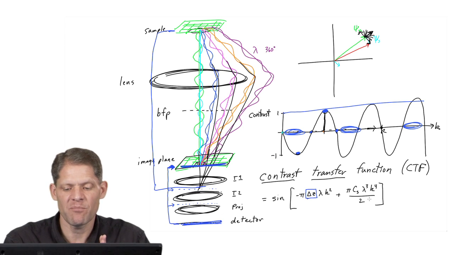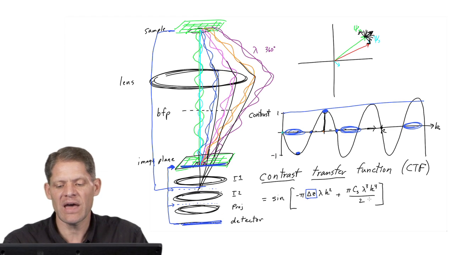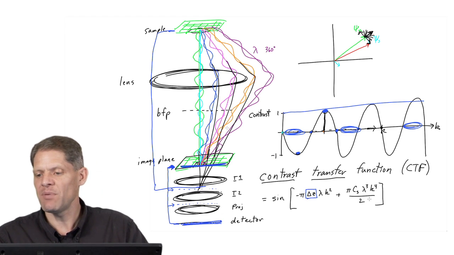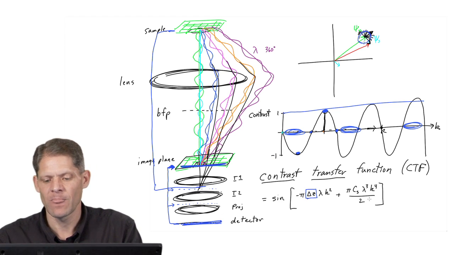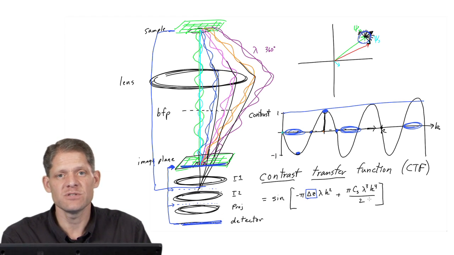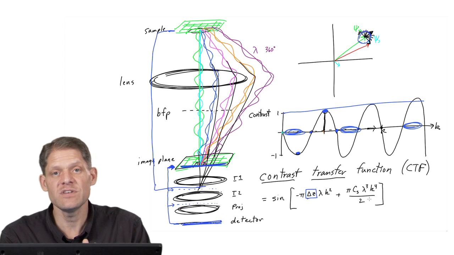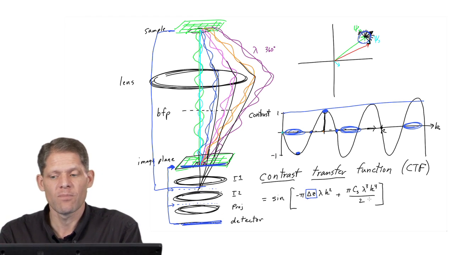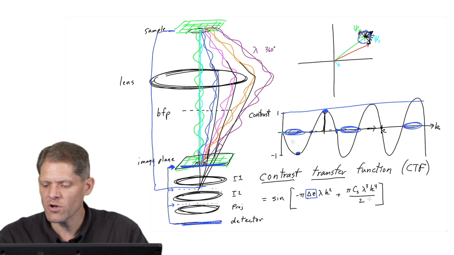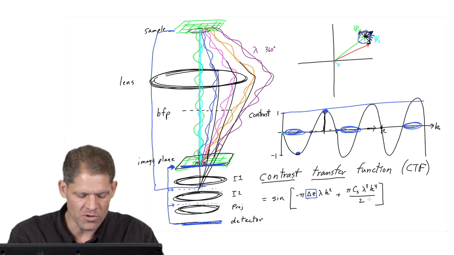The difference in their path lengths between their trajectory and the unscattered beam, all of those path lengths will have changed. And because of that, all the phase relationships that we talked about over here will shift subtly. And so different spatial frequencies will all of a sudden become visible in the image, and other spatial frequencies will be lost. And so the whole contrast transfer function will shift.